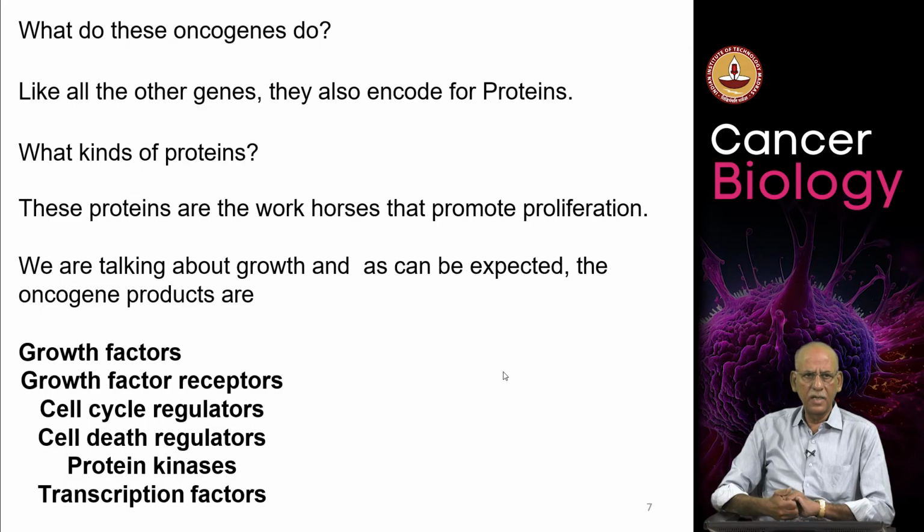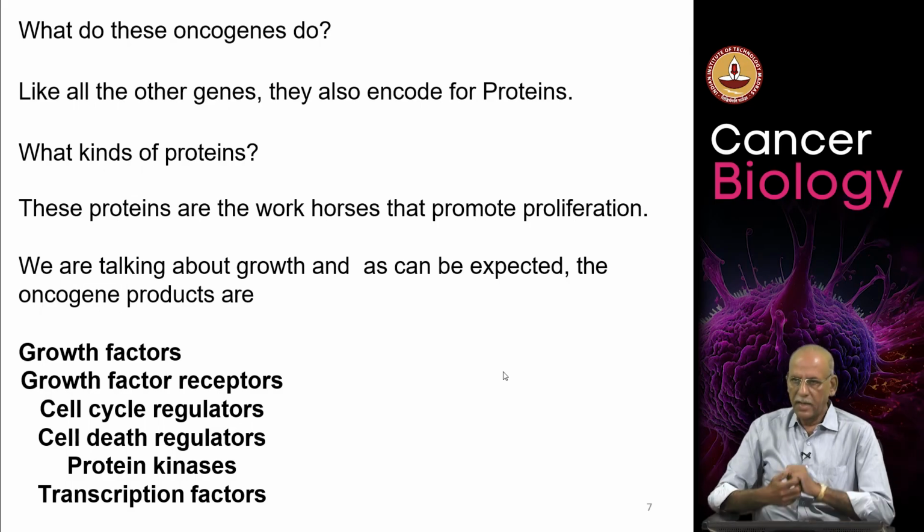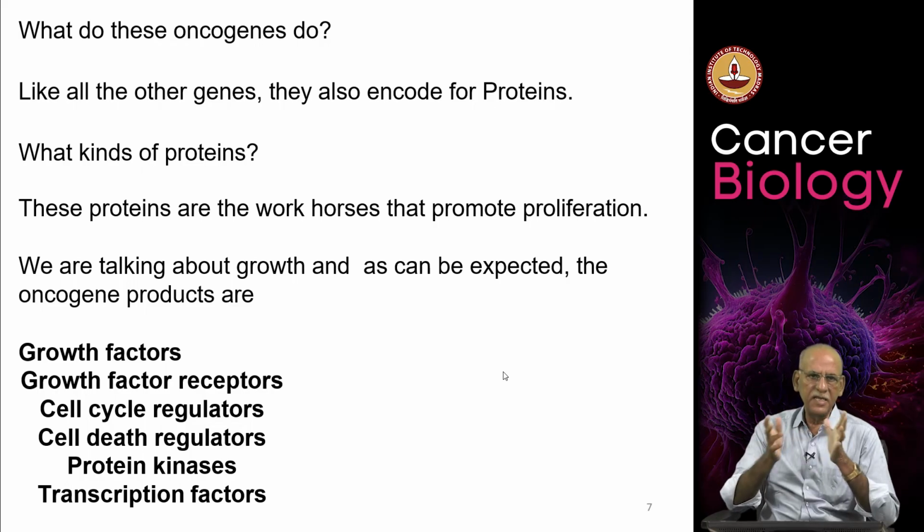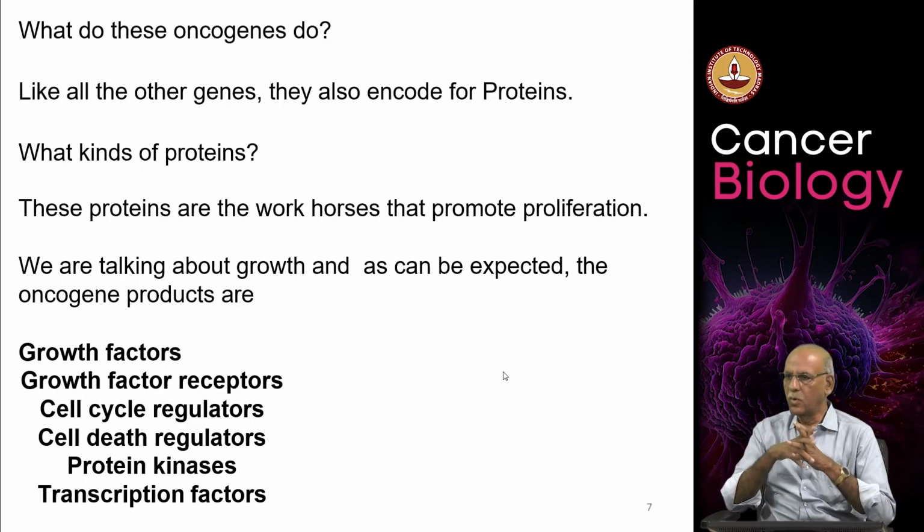Now, we will step ahead and try to understand what these oncogenes are. As with any other genes, they have to code for proteins. So, naturally the question comes, what kind of proteins?